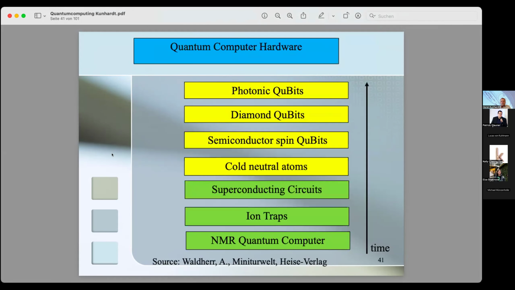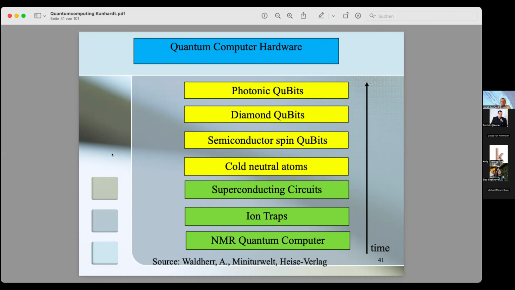So the quantum computer hardware is nowadays based on new or well-known technologies. I start with nuclear magnetic resonance quantum computer technology. The higher we climb in our list, the newer and more modern is the approach for a quantum computer realization.